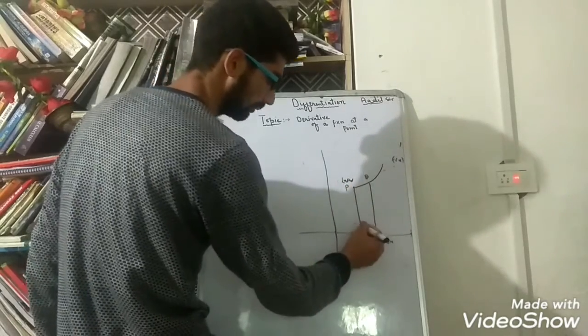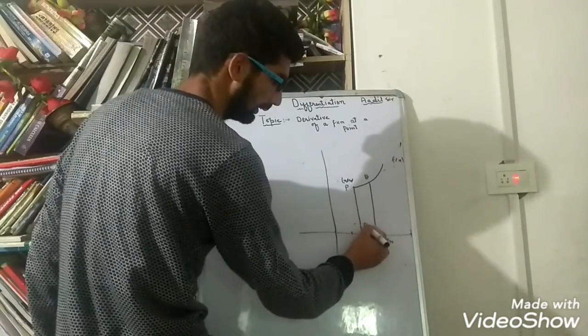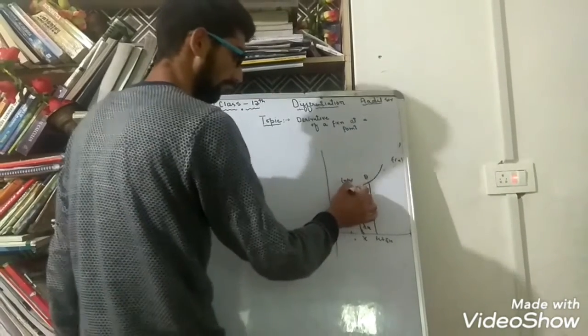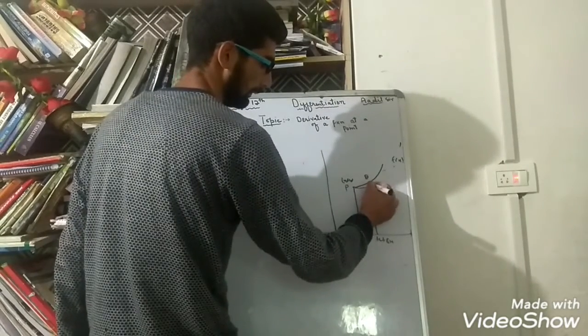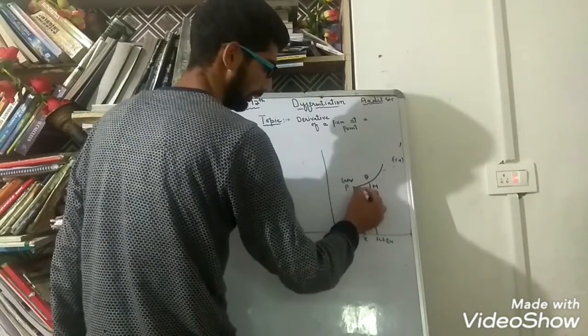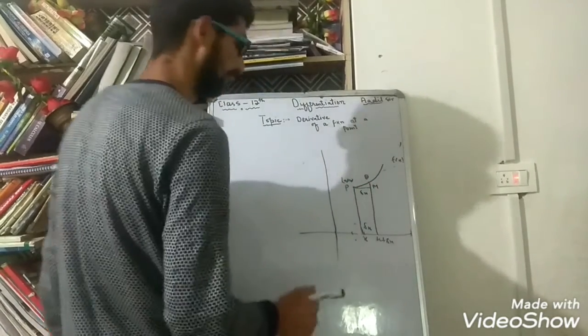Similarly, the increment of x is del x, and if I draw the perpendicular, the increment of m will be del x.